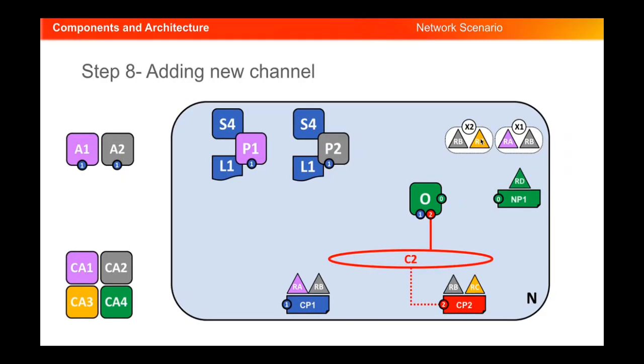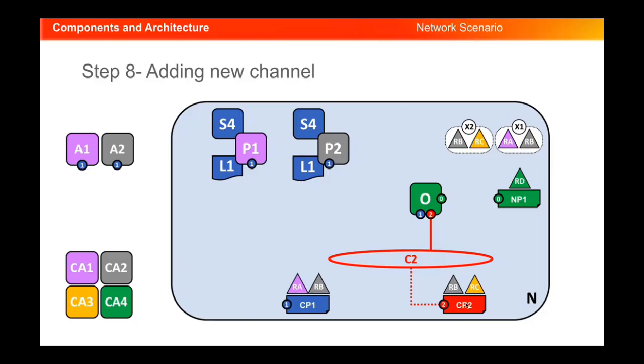Moving on, to communicate the transactions or to communicate privately, we need another channel for this consortium, which includes organization B and organization C. So that is why we have channel C2, which is connected to an orderer node, and it has to abide by channel policies 2, which is already agreed by organization B and organization C. So this channel C2 facilitates the channel policies that are agreed by organization B and organization C.